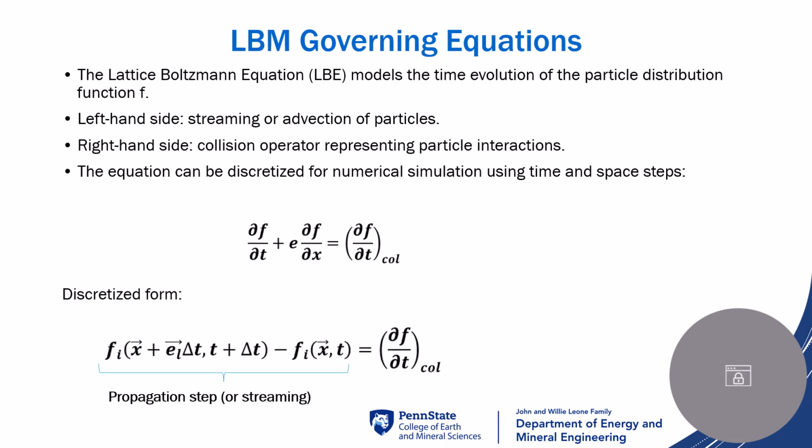The difference between the new and current values of fi represents the net streaming effect. On the right-hand side is the collision term, which governs how particle distributions locally relax toward equilibrium. This two-part structure, one term for motion, one for interaction, is the basis of how LBM captures fluid behavior in a step-by-step computable way.